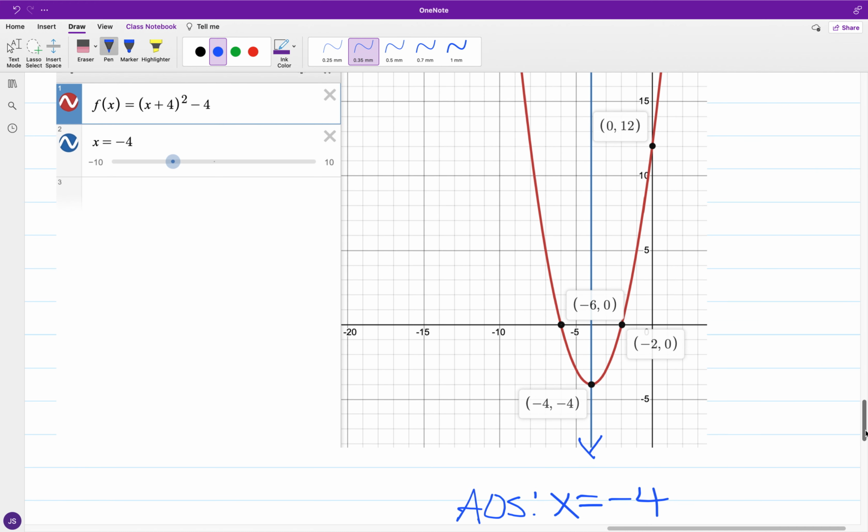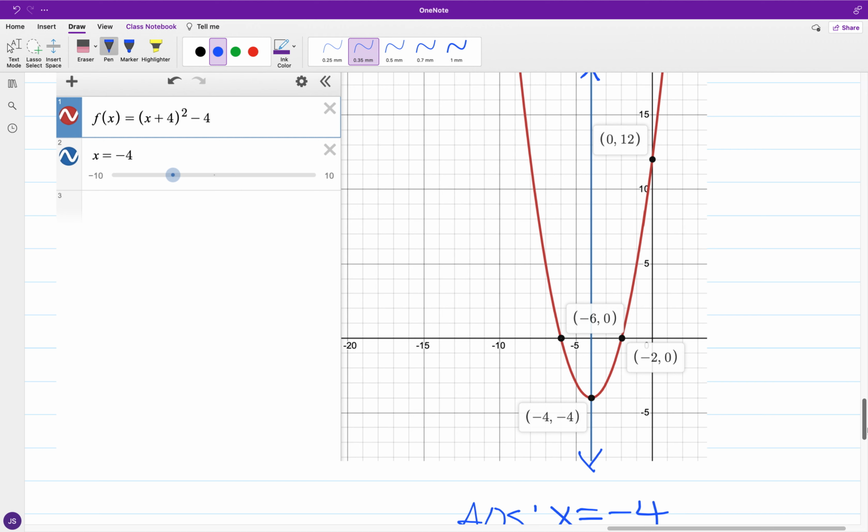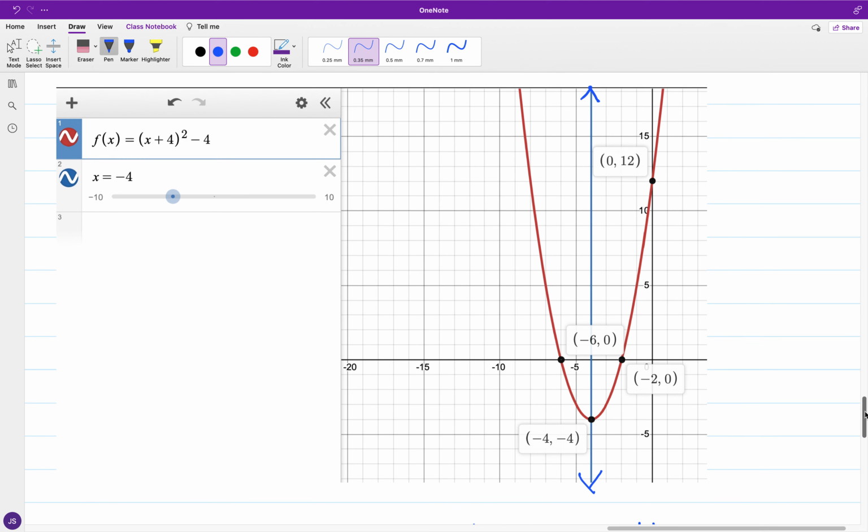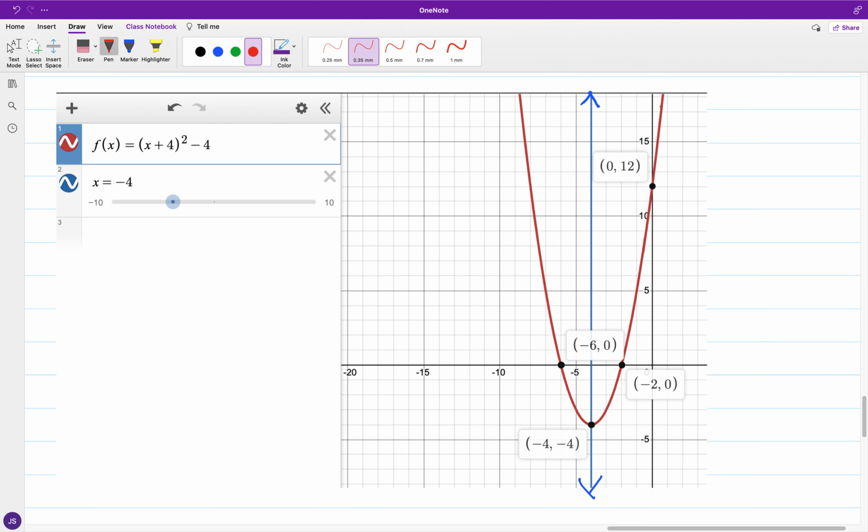Just zooming in, you've got the axis of symmetry, x equal to -4. Again, the parabola is opening upward. Again, it's referencing the square of x plus 4 minus 4.